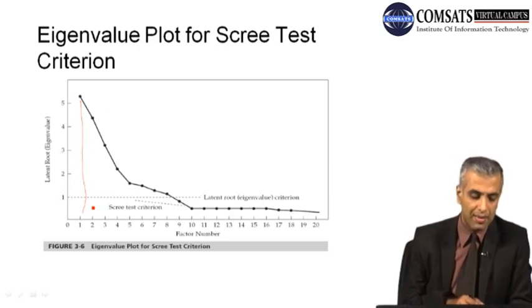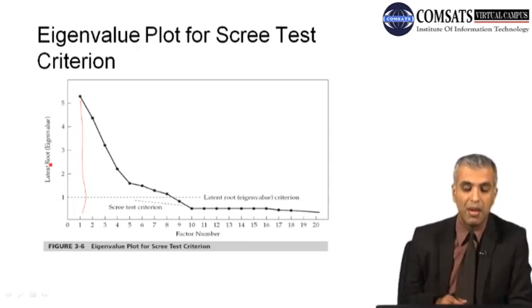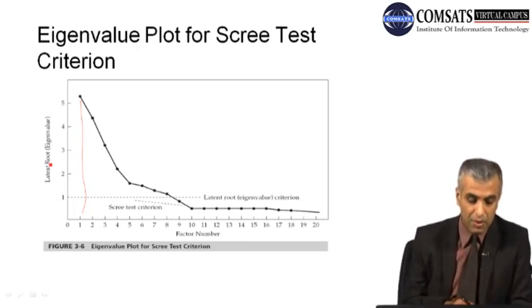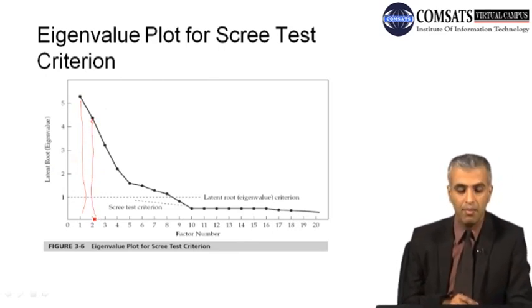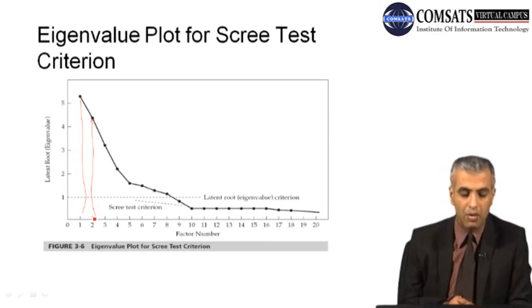Here we can see that the first factor has been plotted, and it has a certain eigenvalue which here is above 5. Likewise we have other factors, or groups, and their eigenvalues have also been plotted.